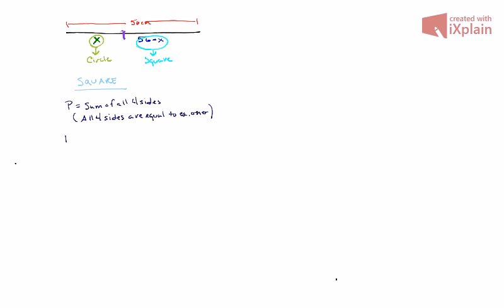So in this case, the perimeter would be equal to that 56 minus X. So the side of a square would be equal to 56 minus X divided by 4. I'm taking that full perimeter of the square and dividing it into 4 equal pieces, because again, all 4 sides of a square are equal.